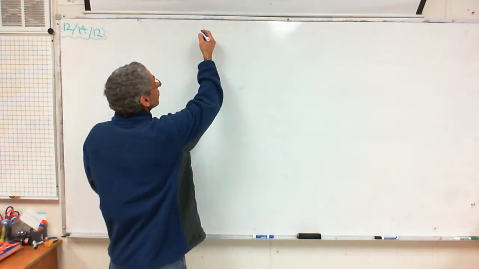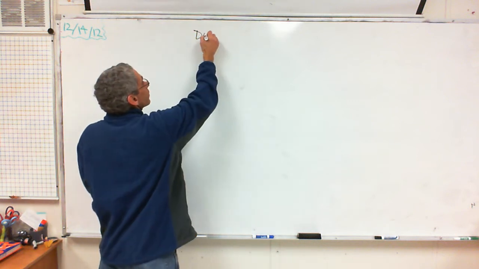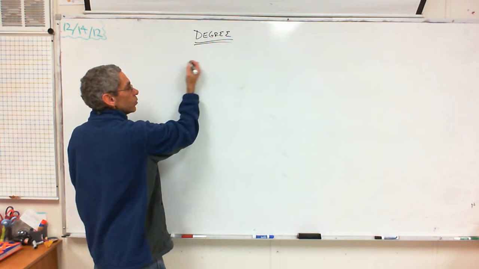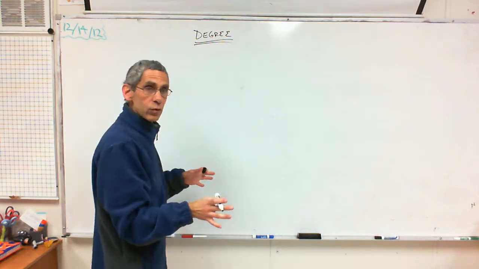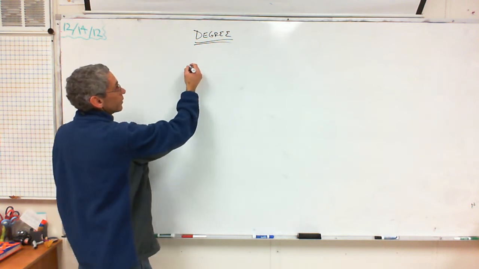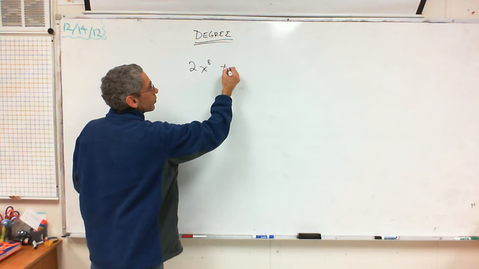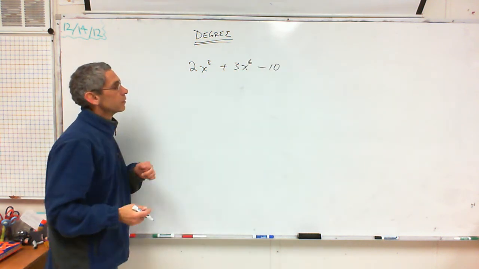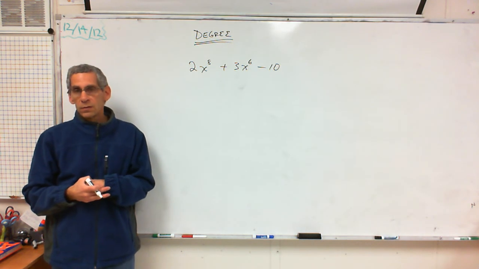So degrees. Now every polynomial has a degree. You just have to be sure you know this because you will be asked on NWA, I guarantee you, at least SATs, you'll be asked what's the degree of a polynomial. If you had a polynomial 2x to the 8th plus 3x to the 6th minus 10, what would be the degree of this polynomial? 8.